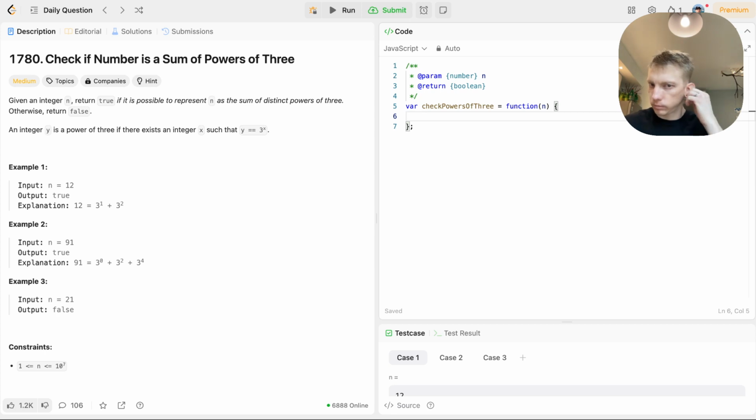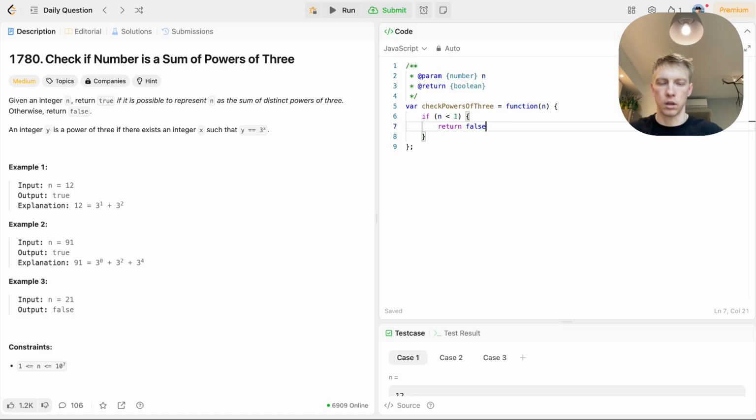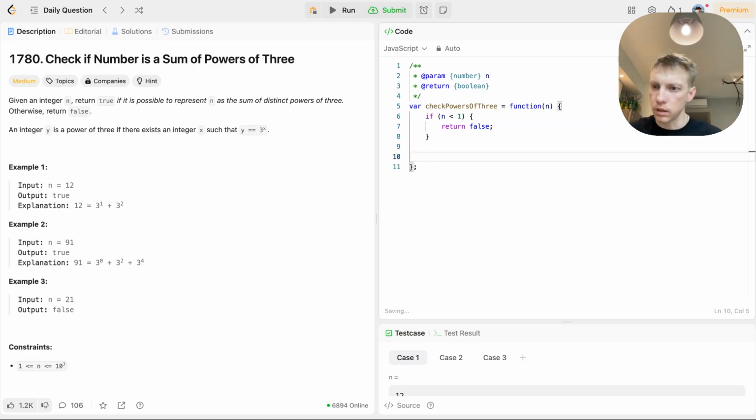Let's do it like this. If our number is less than 1, then we will return false instantly. This is how we will avoid negative numbers.